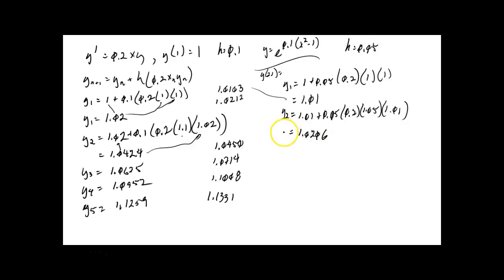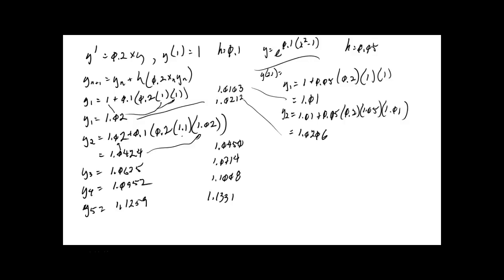And this corresponds to that one, yeah, to this one. And you see, with the larger step size, 0.1, you're further off from the actual value. This one gets you closer to the actual value, but still not there. The reason is your function is actually curving up faster than your derivative is, which is a linear approximation.